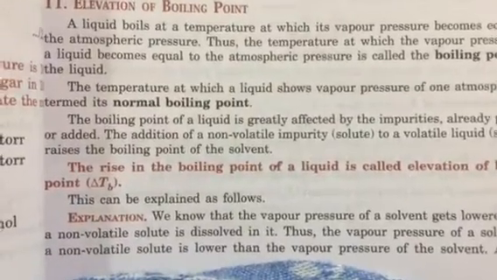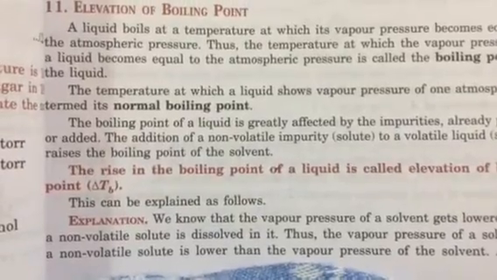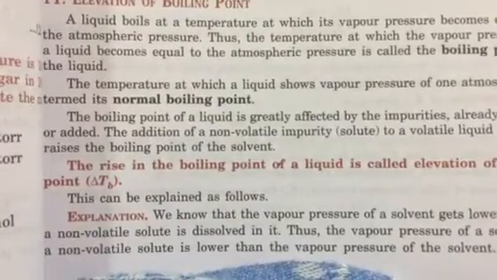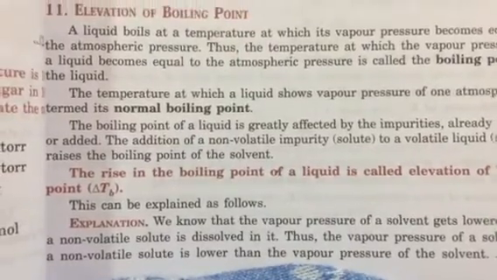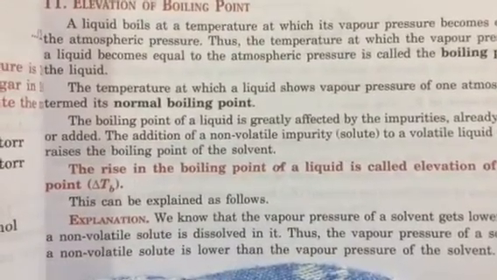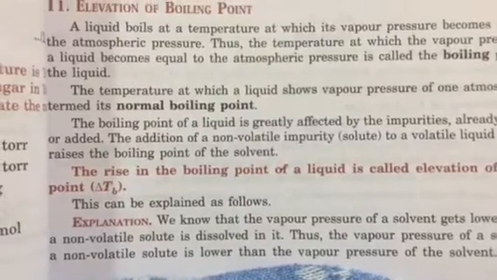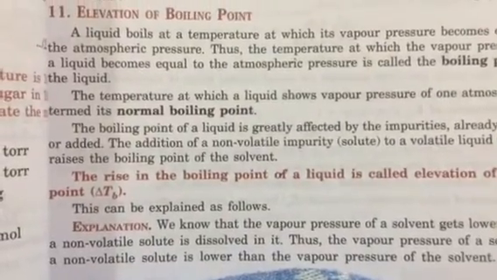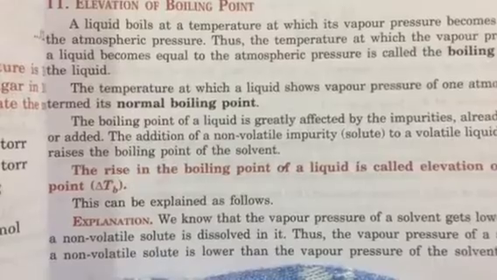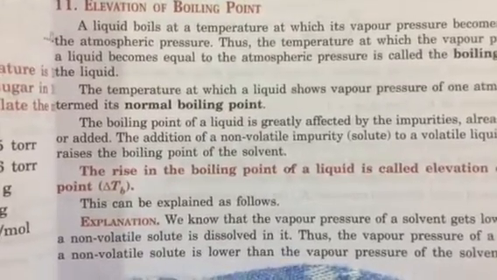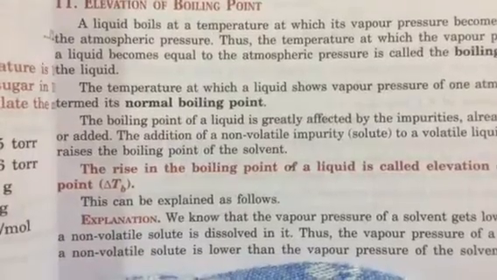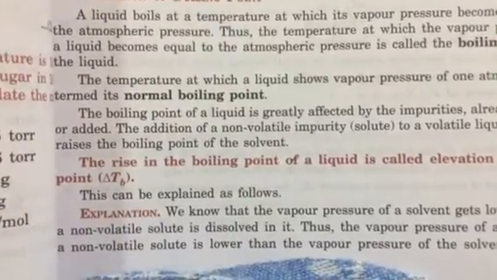As a result of this interaction, the solvent is not able to evaporate the way it was doing all alone. For example, if we add sugar or salt in water, which is a volatile solvent, then the presence of sugar or salt decreases the vapor pressure of the pure solvent.